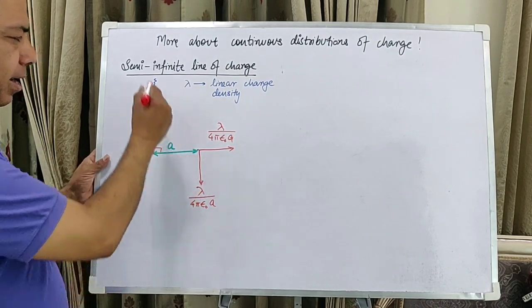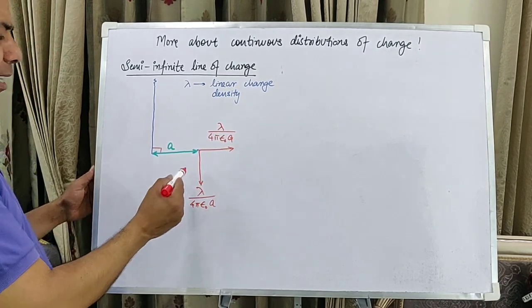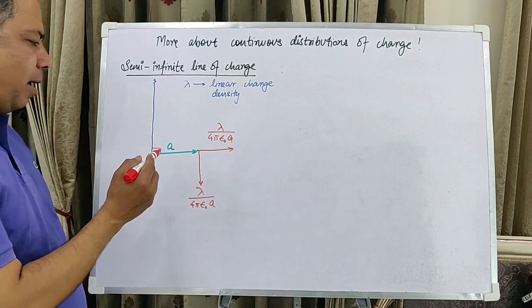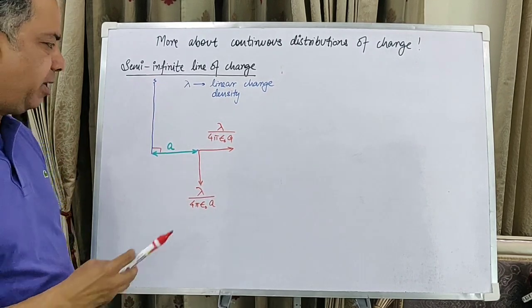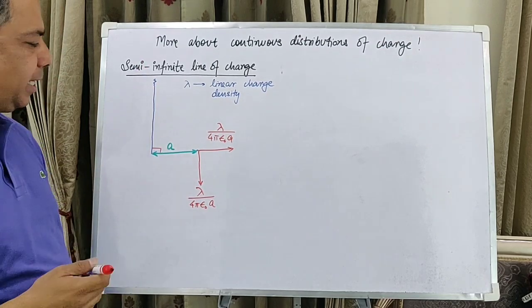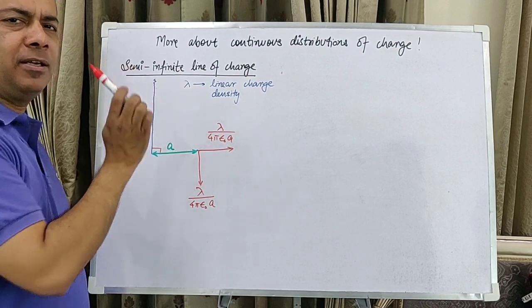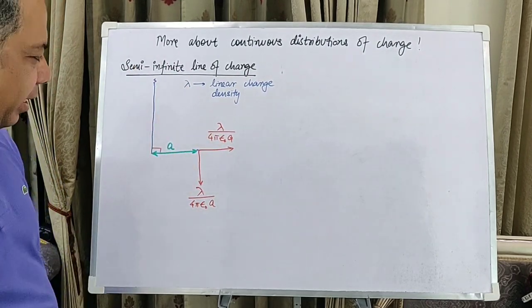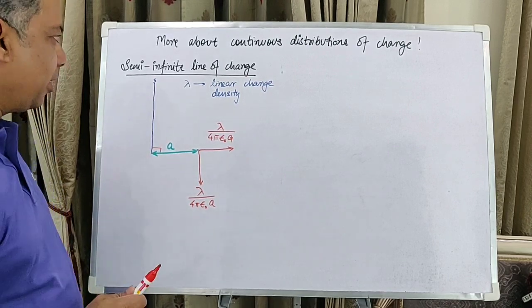This one is parallel to the line of charge, this one is perpendicular to the line of charge, and the directions that I have indicated are for a positive charge distribution. If the charge here is negative, both directions get reversed. So that's the formula for a semi-infinite line of charge.